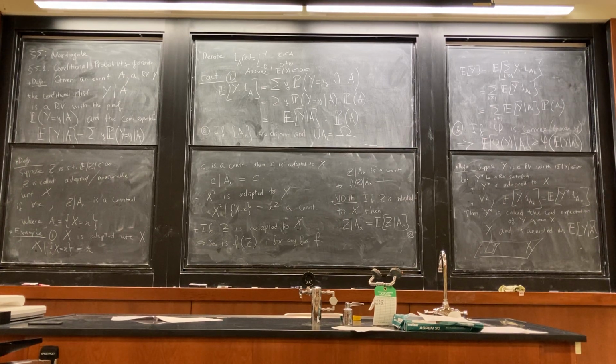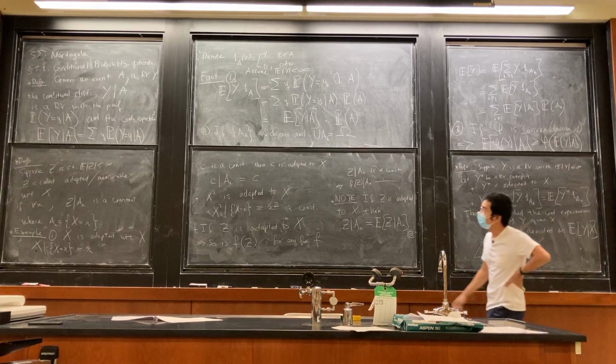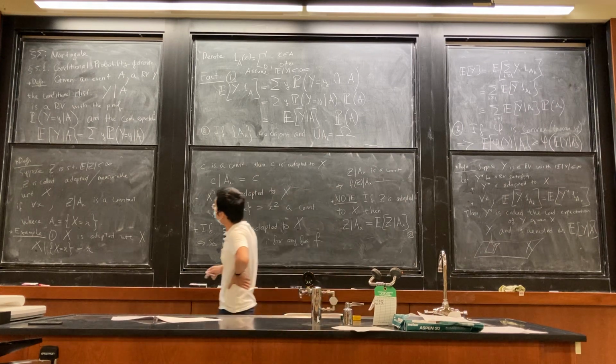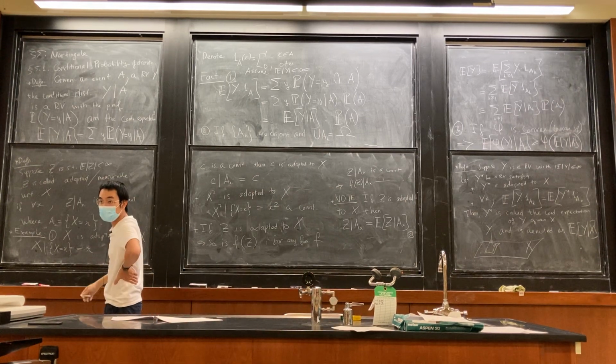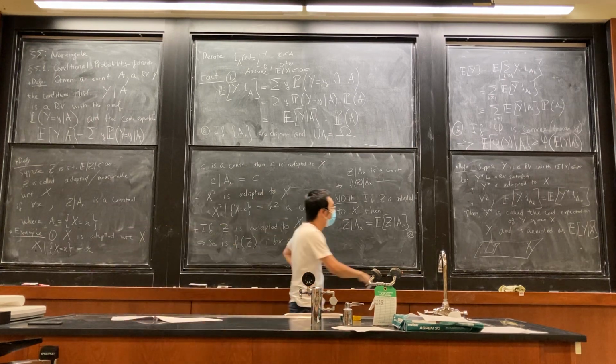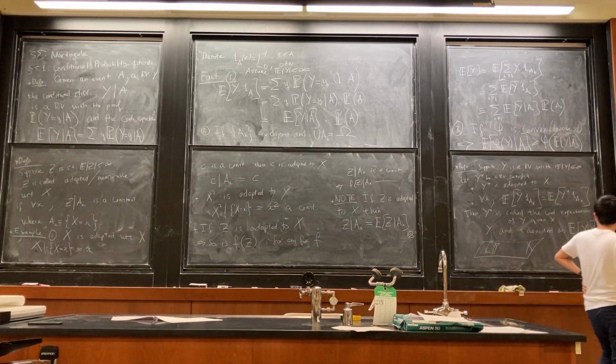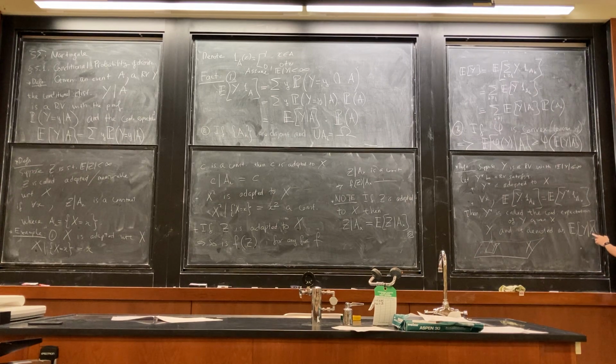This is kind of a generalized version of the conditional expectation conditioning on an event. Here, it goes like this. I condition on a random variable x, okay? And so this is a random variable satisfying these two properties.